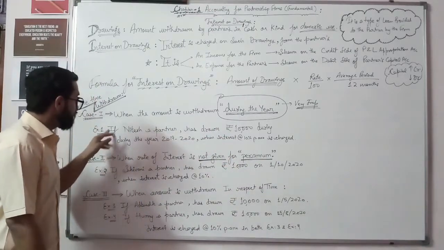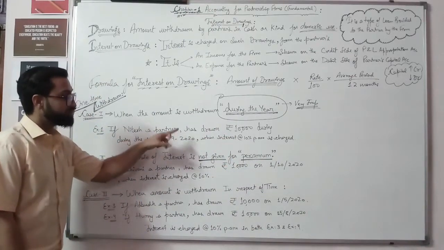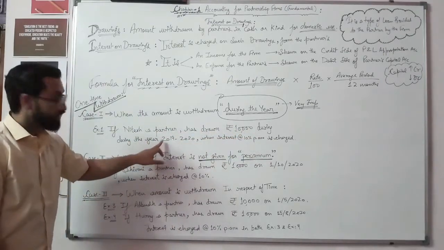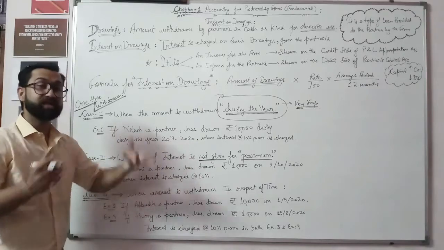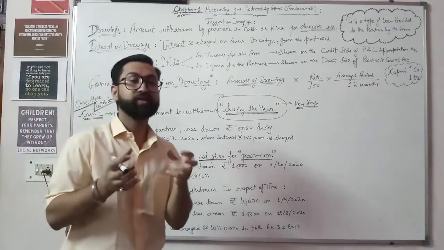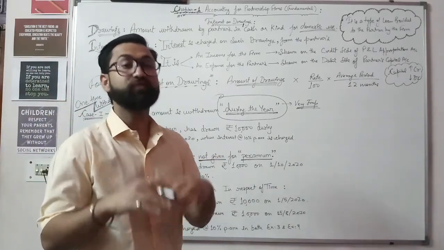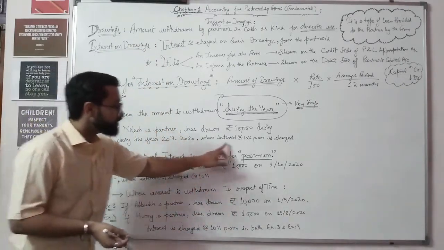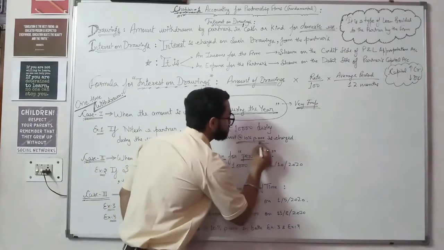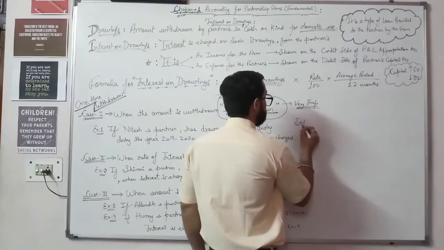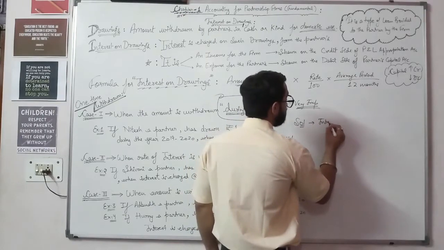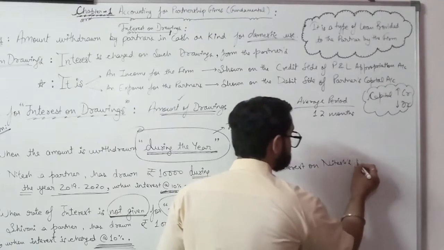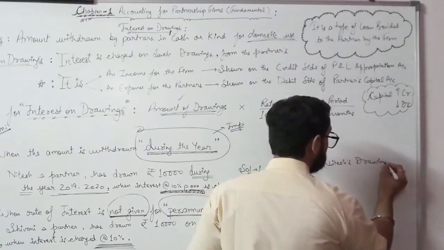For example, if Nitesh, a partner, has drawn 10,000 during the year 2019-20, we don't know the exact date or exact number of times Nitesh has withdrawn. In this case, interest is charged at the rate of 10% per annum. Solution: interest on Nitesh's drawings.